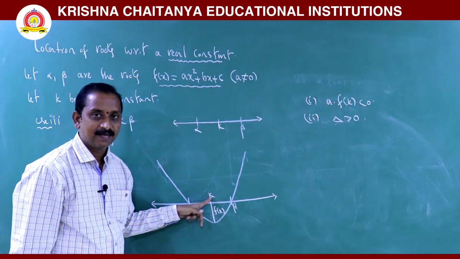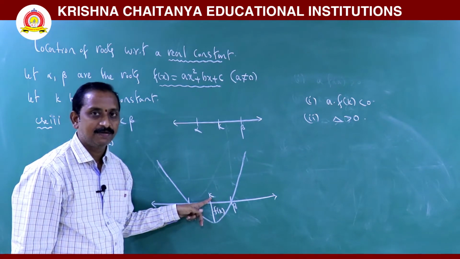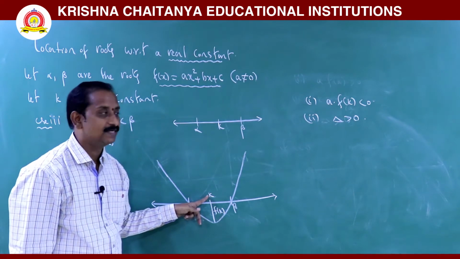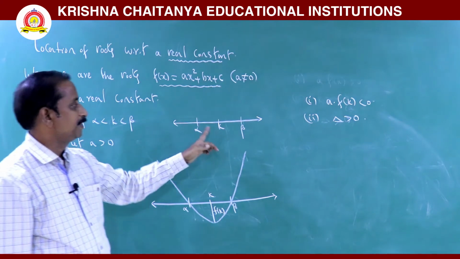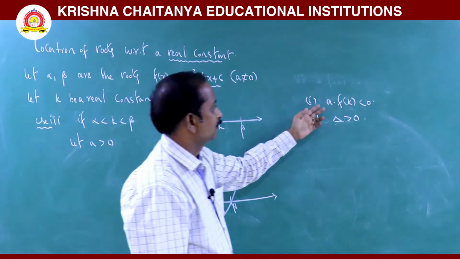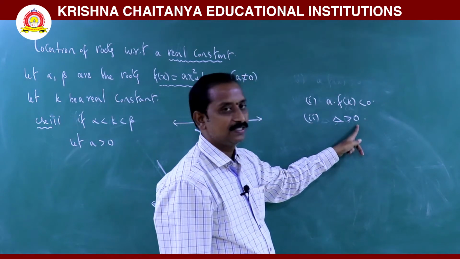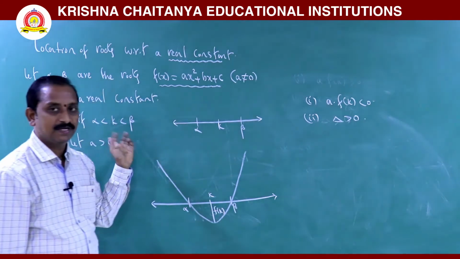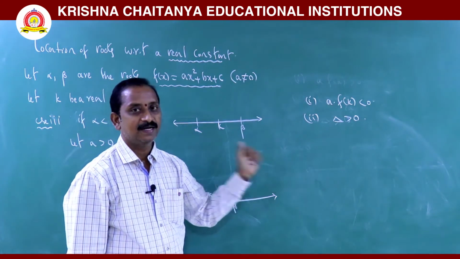K greater than minus b by 2a or k less than minus b by 2a, that is depending upon the real constant. So for case 3, k lies between alpha and beta, a into f of k less than 0, delta greater than 0.